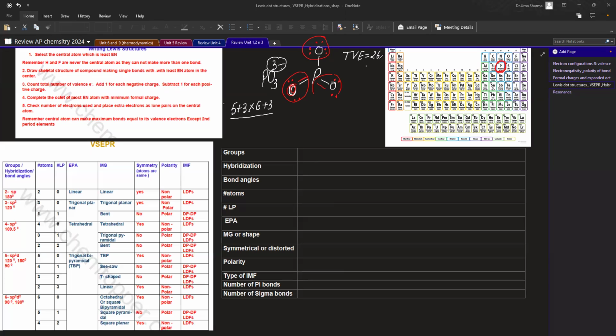No, one lone pair is left. And where should I place it? Yes, 2 electrons are left. And these 2 electrons can be placed on the P. Right?